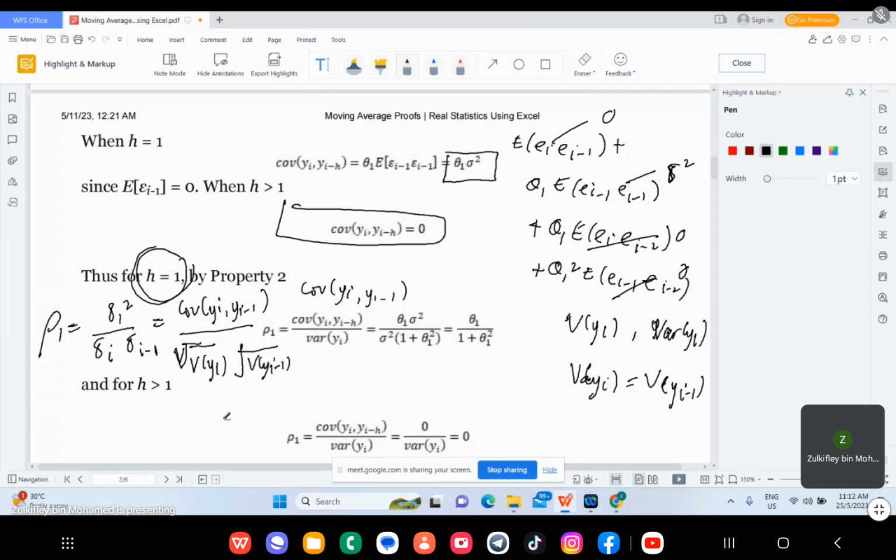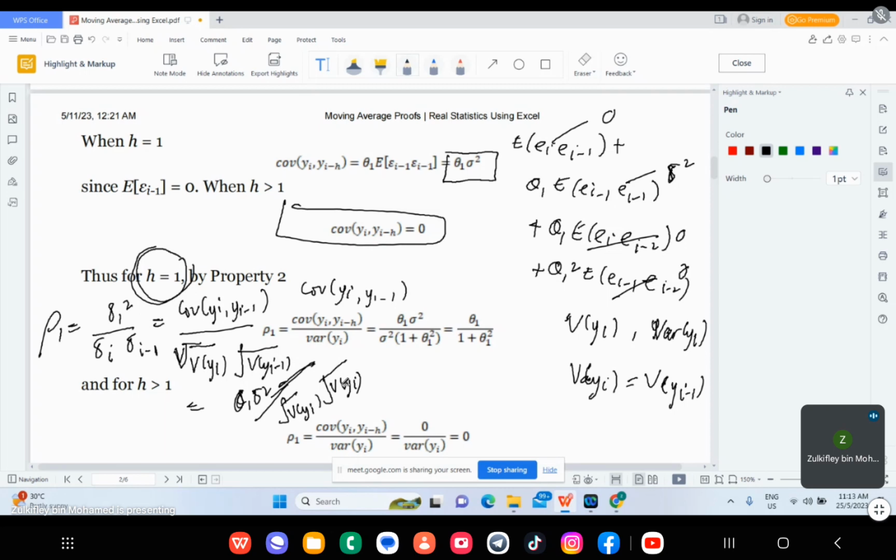Okay. Now, covariance tadi kita dapat theta 1 sigma square, over, now variance of yi and variance of yi minus 1 adalah benda yang sama. So maksudnya kita akan dapat square root of variance of yi multiplied by square root of variance of yi, sebab dia adalah benda yang sama. Nilainya sama, approximately the same.